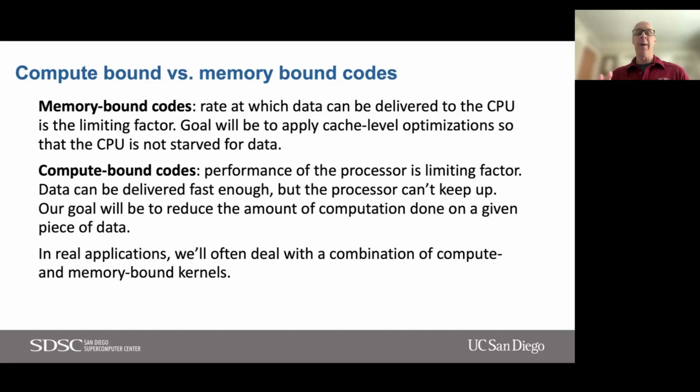Now, compute-bound codes is where the performance of the processor is the limiting factor. Data can be delivered fast enough, but the processor can't keep up. So our goal, if we're working with a compute-bound code, is to reduce the amount of computation done on a given piece of data. And in real applications, we're going to find that there's often a combination of compute-bound and memory-bound kernels.